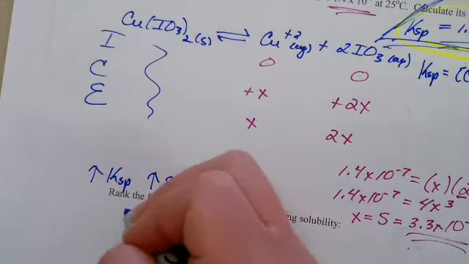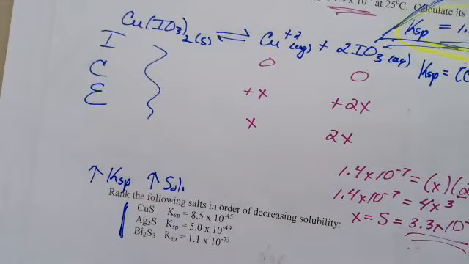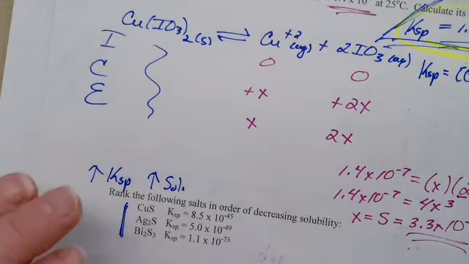There is an issue in just doing that. Yes. They all do not dissociate into the same number of ions. So therefore, we can't just judge solubility based upon Ksp.